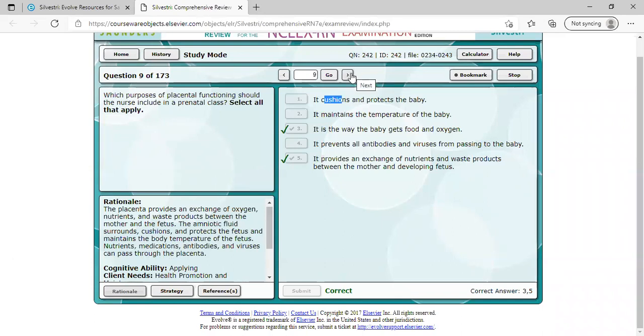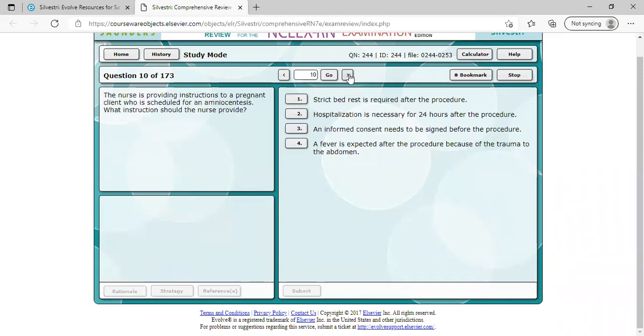The next question here. The nurse is providing instructions to a pregnant client who is scheduled for an amniocentesis. So amniocentesis is a diagnostic procedure.